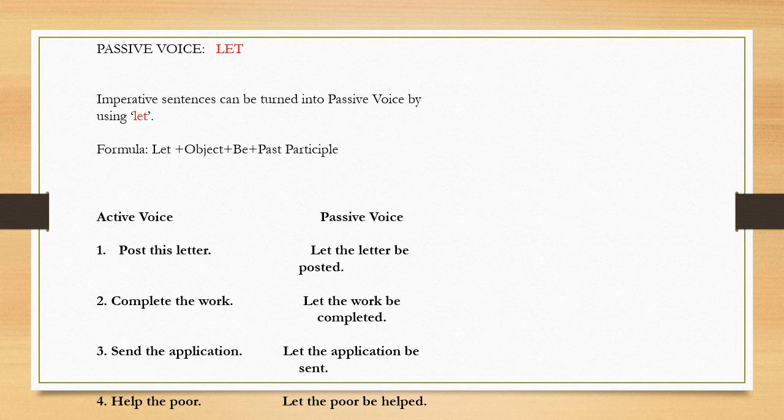Imperative sentences can be turned into passive voice by using "let." For example, the formula is: let plus object plus be plus past participle of the verb. Now let's see how this formula is used. If the sentence is "Post this letter," it's an imperative sentence, a command, isn't it? Now it's in active voice.